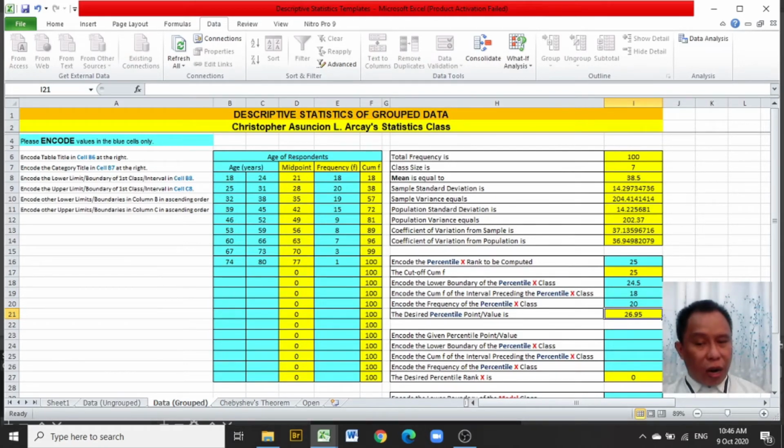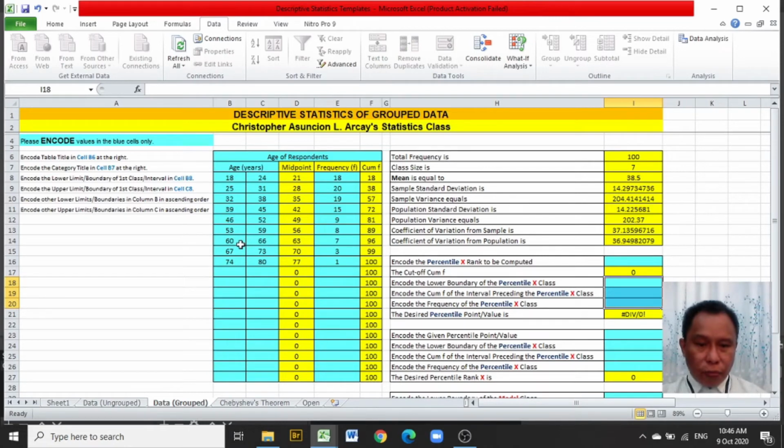What if we are having the opposite? The opposite is we are given the percentile value and we determine its percentile rank. So let's try to find a value from the given data, any value.